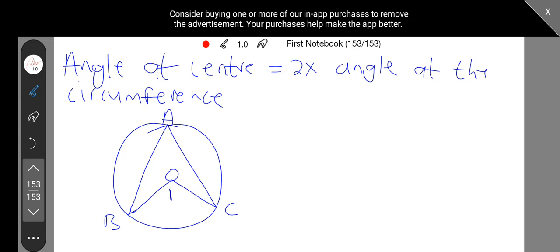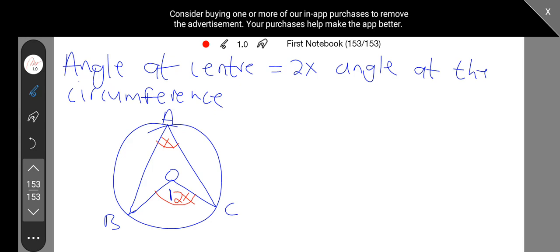Circumference is a curved part of a surface of a circle. So the circumference is here at point A, so the angle at the circumference is the angle at point A, which is angle A. It's this one, right? So if this one is X, this means that the corresponding angle at the center will be this one and will be 2x.